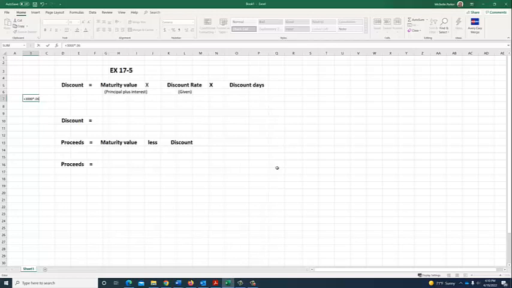It had a 6% rate, and the term was 120 days. So that's times 120 divided by 360. So the interest on that $3,000 note was $60. So we'll enter the principal plus the interest of $3,060. The discount rate was given. It was 7%. And then the discount days is what we're going to have to spend some time calculating.